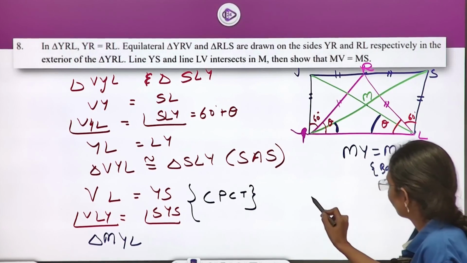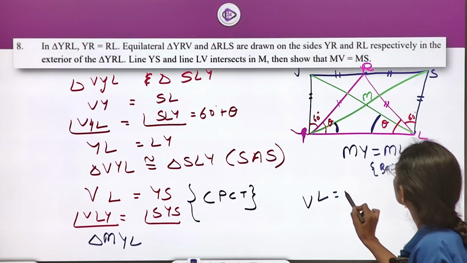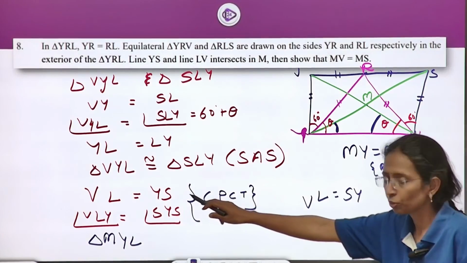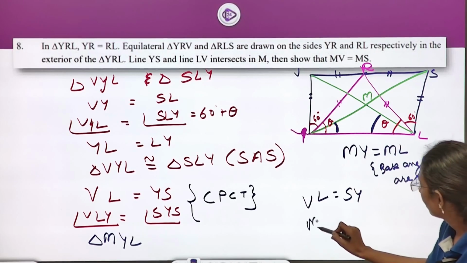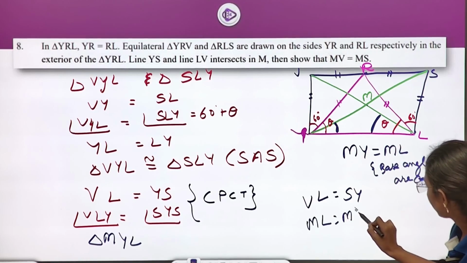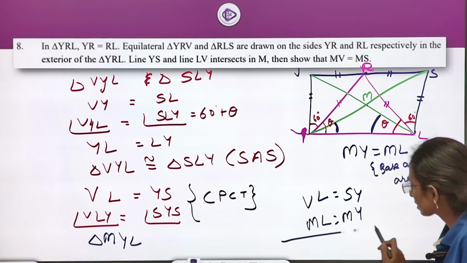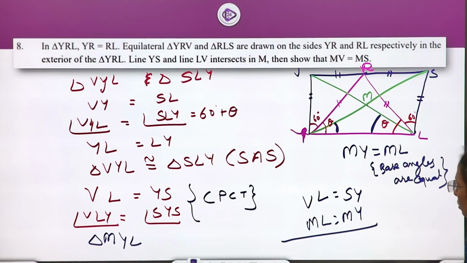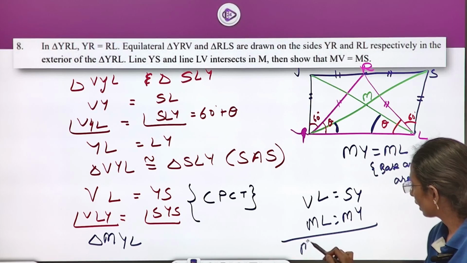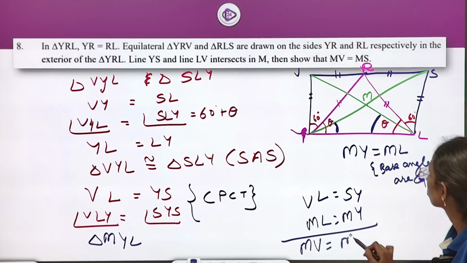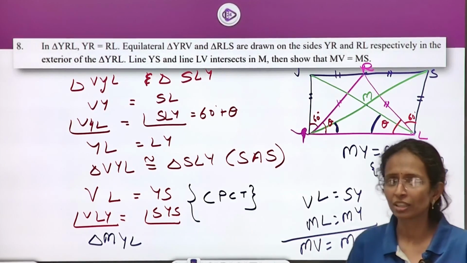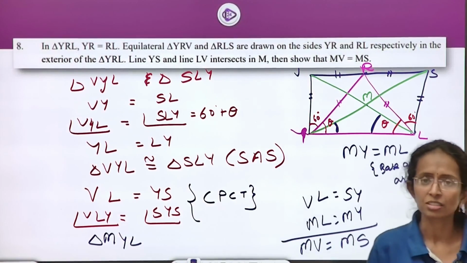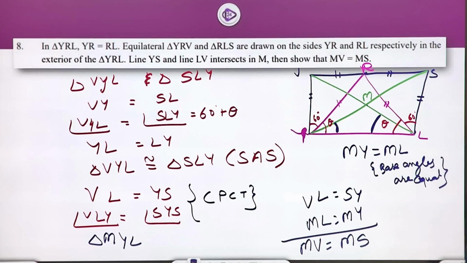Now, VL is equal to SY, already proved, and ML is equal to MY, again already proved. When we subtract the two equations, the resultants are also equal. So MV will be equal to MS. This is the required proof. So this was your paper of sub-junior level, NMTC Stage 2 2025. Thank you.